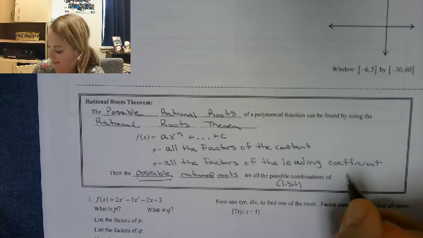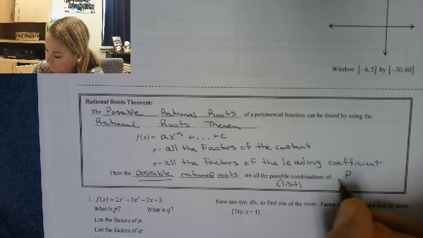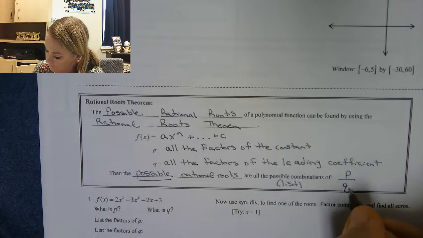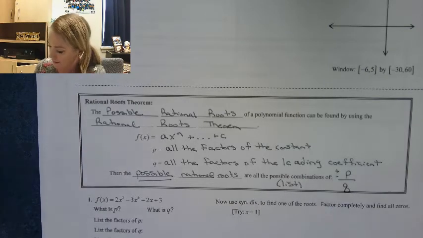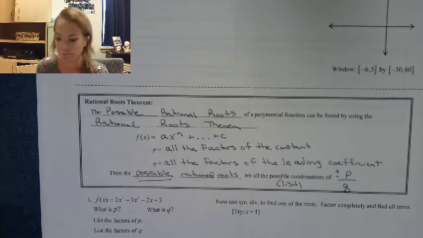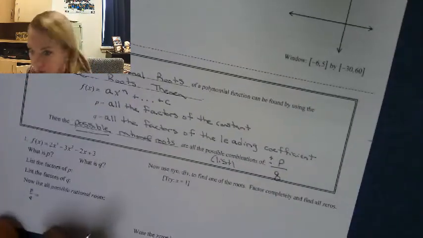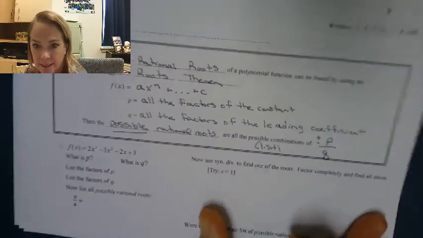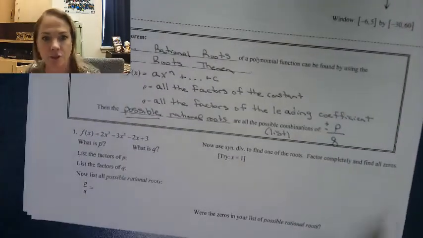Basically the list is any P over any Q, and you're going to get the plus and minuses there. That's going to generate a list, and then we're going to test those numbers in the list until we get lucky and find a zero by getting a remainder of 0, sending it through synthetic division or plugging it in, as discussed in our last lecture.